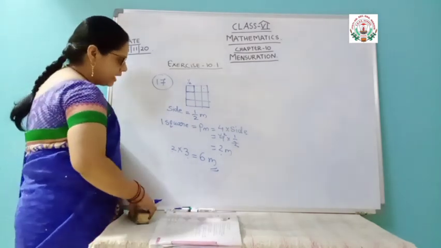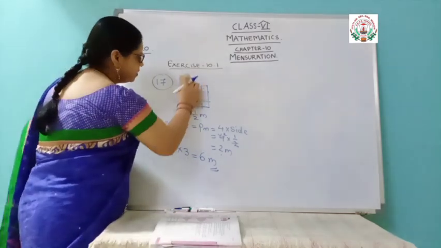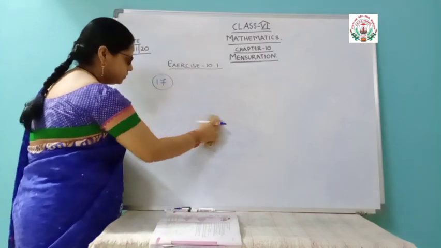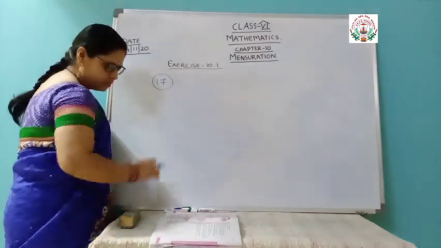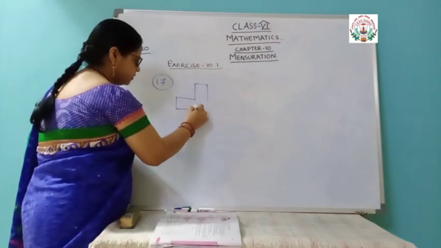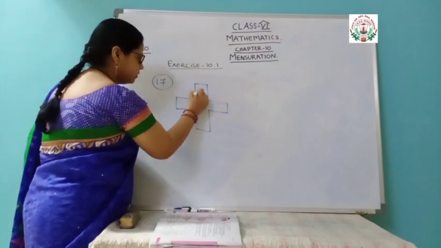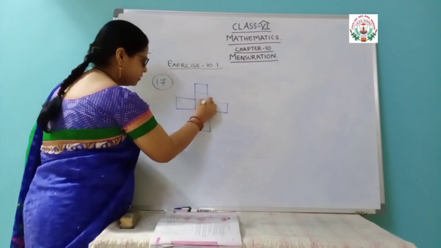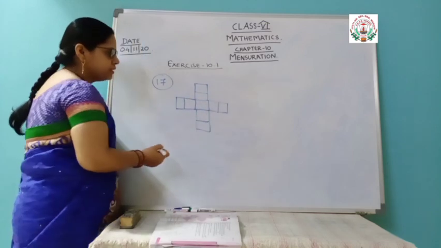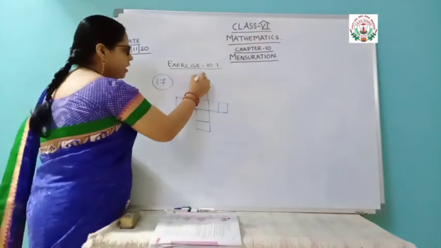The second part is asked in this manner. Here only I will draw. This arrangement is given and one box side is given half meter.